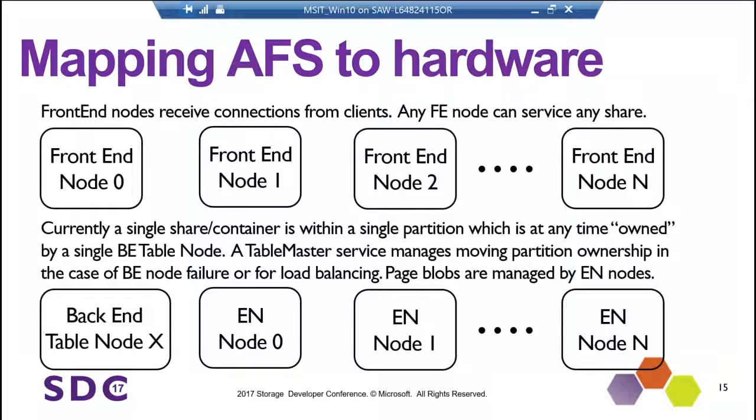And we can still have really good scaling because even the same client making multiple connections, or multiple clients all connecting to the same share, all go through different front ends. And then the actual file data is spread around among multiple EN nodes, which read and write these things that we call streams, which is the low-level data.